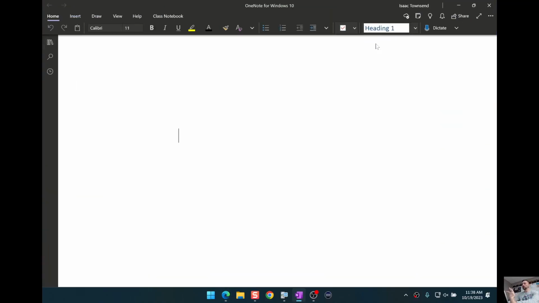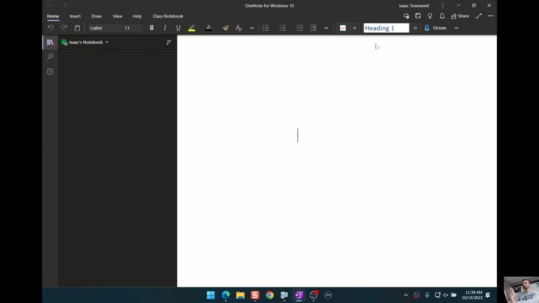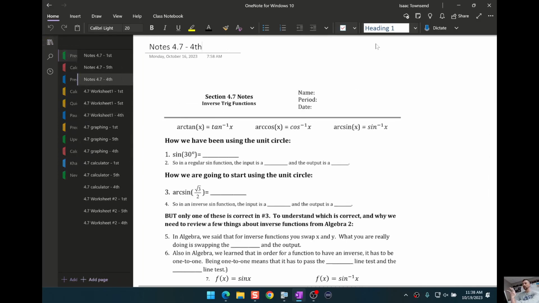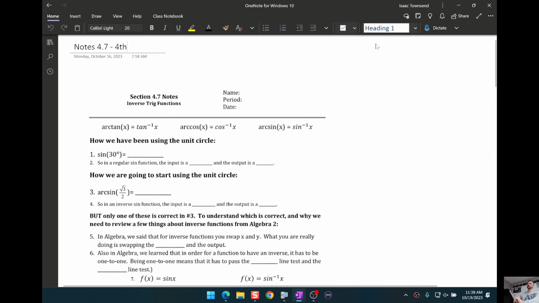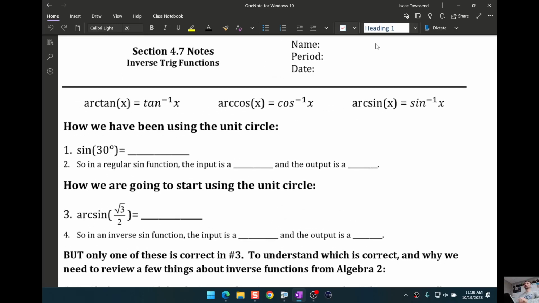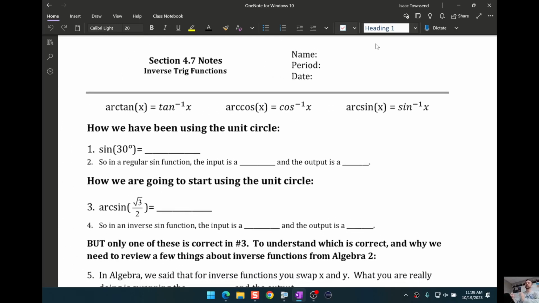Okay, so 4.7 is all about inverse functions. We've used inverse functions just a touch, but we need to go pretty in depth on this. Before I get going here, these 2 things are completely interchangeable, so you need to be familiar with that.